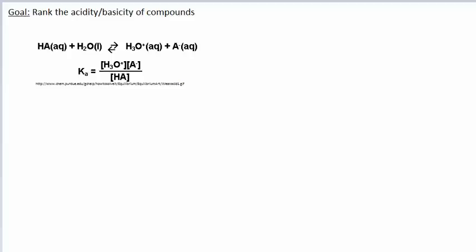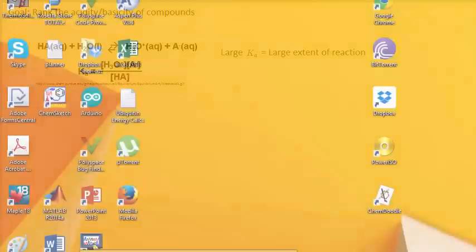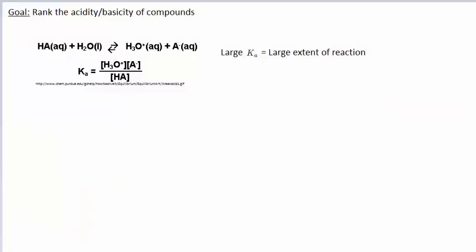You should know that if your Ka is large, then the extent of reaction goes very far in the forward direction, which means almost all of this is converted to this. So what that means is that your acid dissociation is incredibly high.